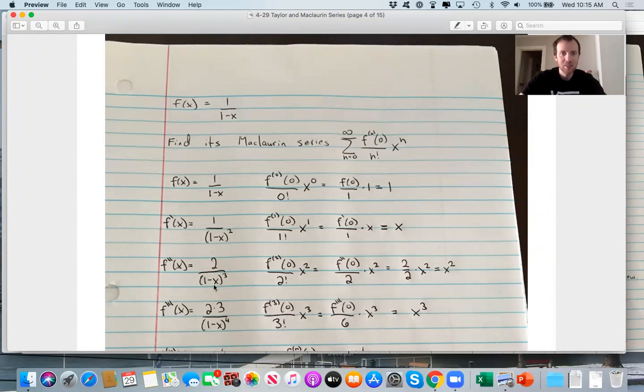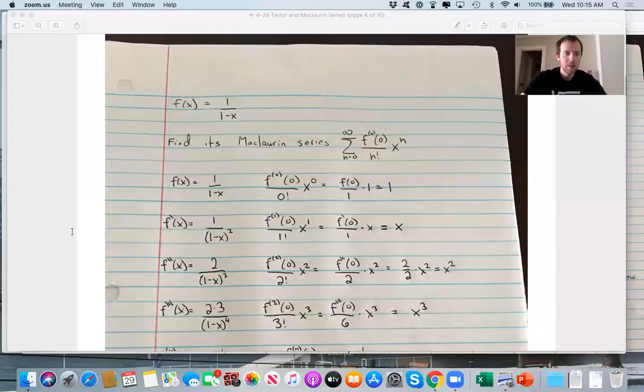And the reason why is, real quickly here, if you rewrite this expression as 2 times 1 minus x raised to the negative 3, the chain rule says bring down the negative 3, new exponent is negative 4, but you have a negative from the chain rule, the derivative of the inside, and so you have the 2 here, a positive 3, and then the new exponent in the bottom is 4. So that's where all of these are coming from.